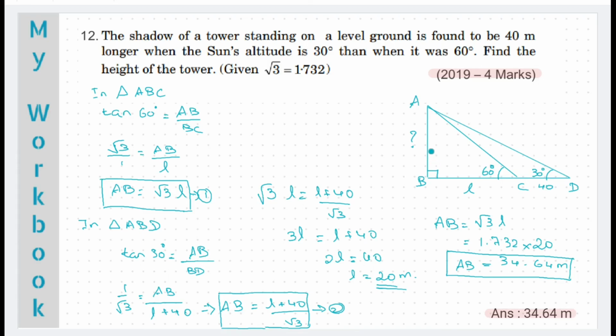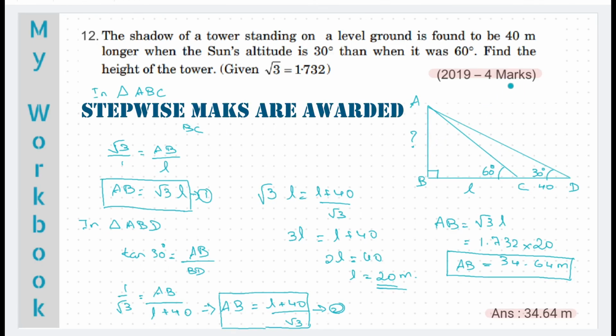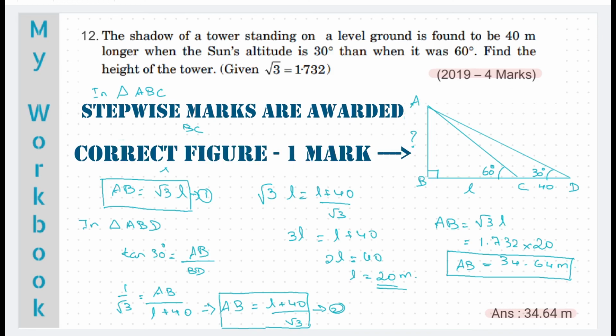One important thing is most of these sums are for 4 marks. So there is stepwise marks awarded. If we draw the diagram correctly, 1 mark is awarded for the correct diagram. Ensure that the angle of elevations are correctly marked and, when it's a tower or a pole standing on the ground, that you mark the 90 degrees without fail.